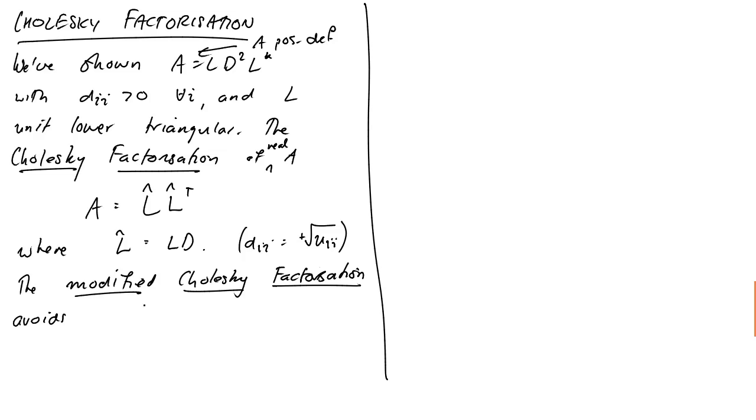We don't really want to be taking square roots if we can avoid it. So the modified Cholesky factorization avoids this, by basically just not incorporating the matrix D into the vectors. So you get A equals L D hat L transpose, where D hat is just that D squared we had before. Okay, it's often more convenient to express your factorization this way. You don't have to take any square roots. You just leave the D squareds as a separate diagonal matrix.